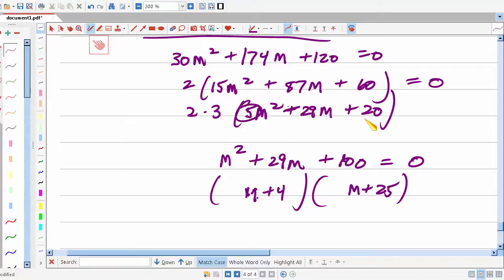Then I take the 5 and I put it back in and remove any common factors, and that gives me 5m plus 4 and m plus 5.